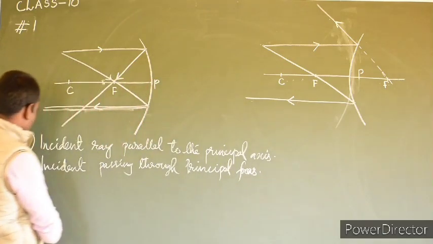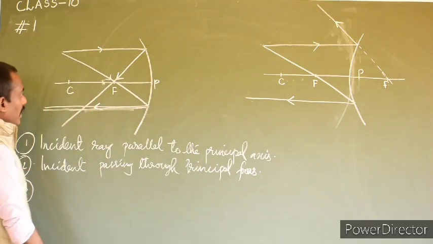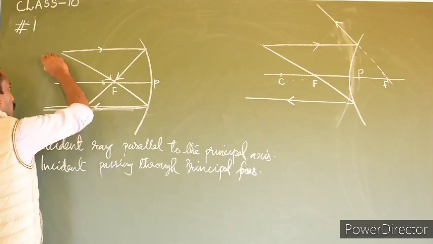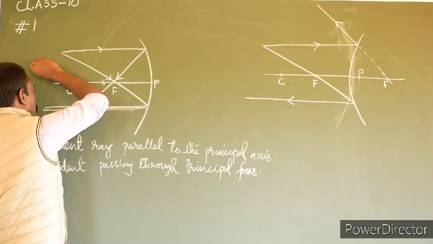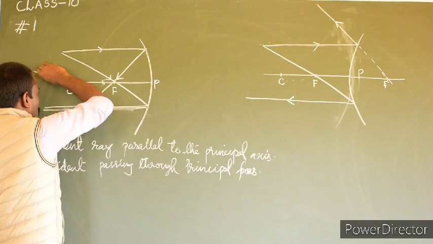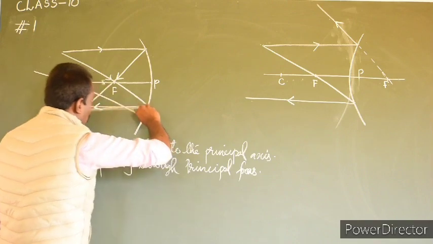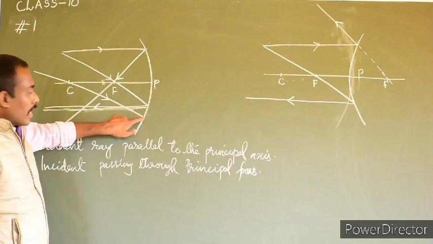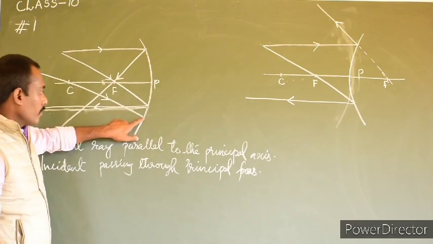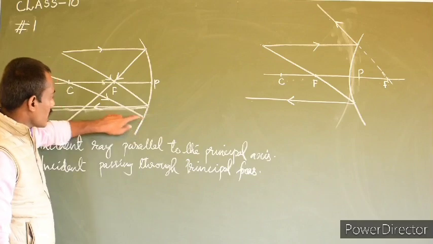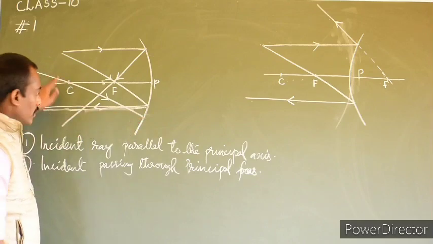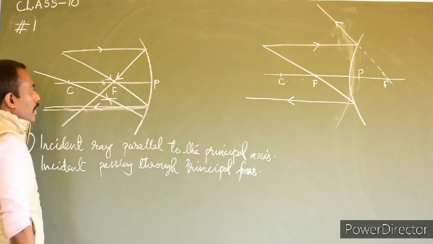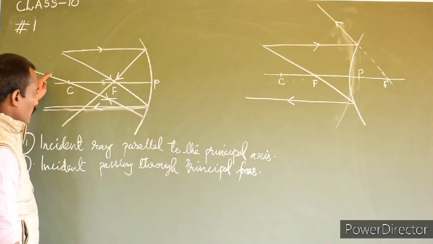And the third ray we are going to consider is a ray which is passing through the center of curvature. If we consider an incident ray which is passing through the center of curvature, then this is the direction of the incident ray, and the reflected ray will take the same path to reflect back. That means the ray will be reflected back through the same direction.